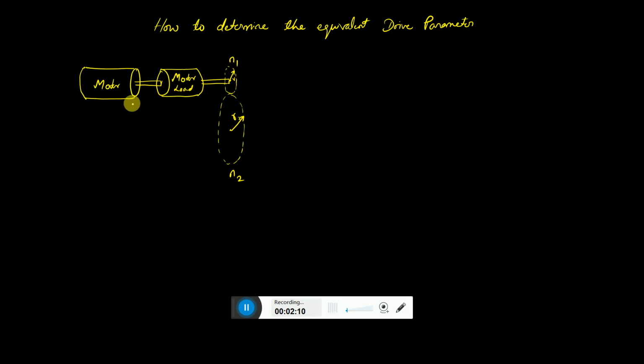Together they combine, so the load of the entire motor is nothing but J0. The speed with which it is rotating is omega m, and the motor is giving a torque called Tm, the electromagnetic torque Tm.